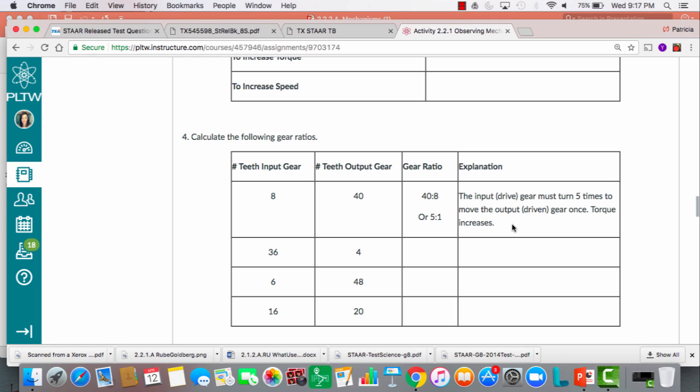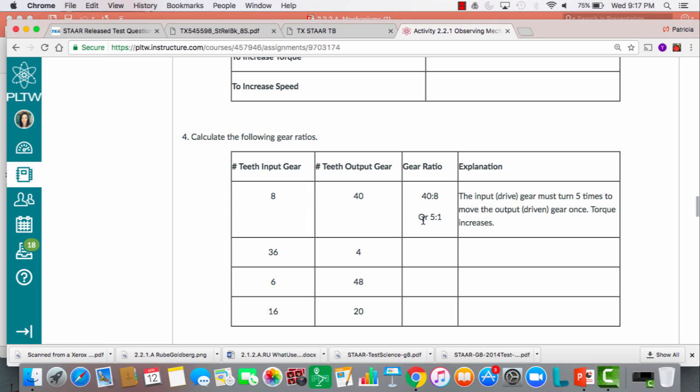So what does this explanation mean? Again, don't forget that this is flipped. So here's the reason why we flip it, is for this explanation. If your gear ratio is 5-to-1, then that means that my input and drive must turn 5 times for every 1 time the driven gear turns.